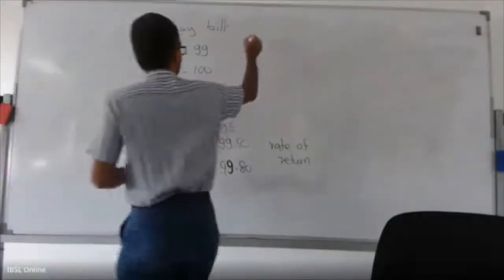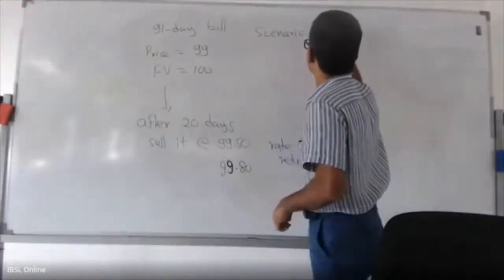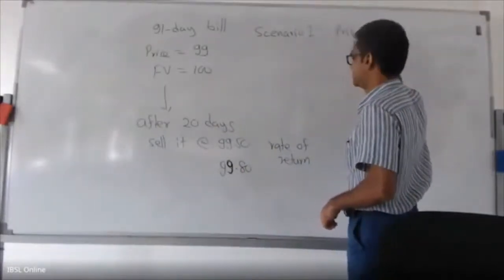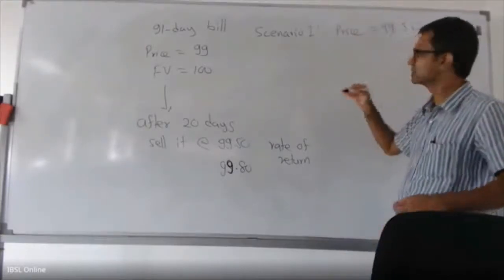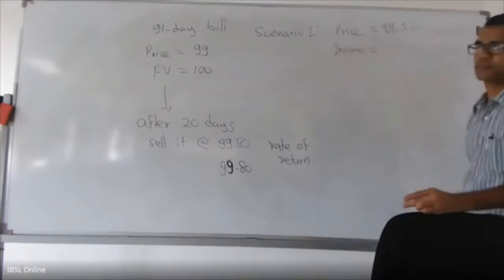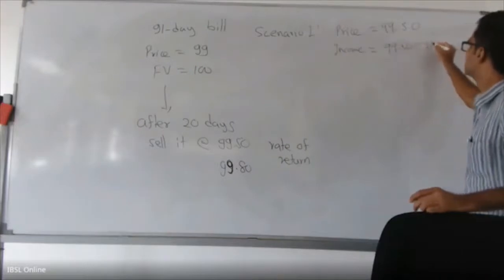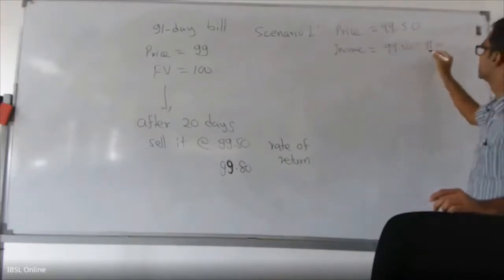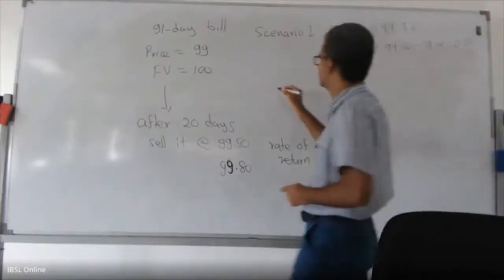Case 1, for scenario 1, price is 99.50. So what is the income? 99.50 minus 99. Then what is the rate of return?